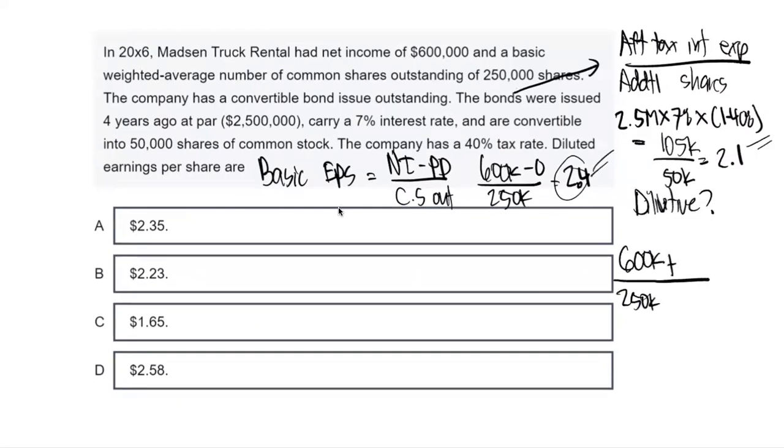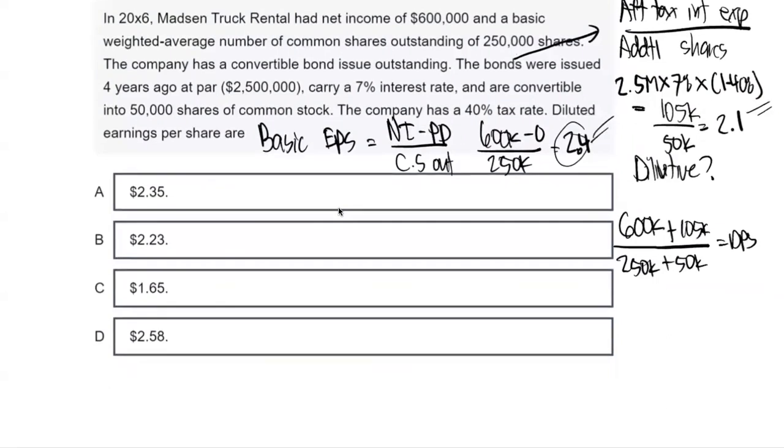Tapos, i-add mo yung 105 at i-add mo yung ating 50. So, for the dilutive earnings per share, 705 divided by 300,000 is 2.35.